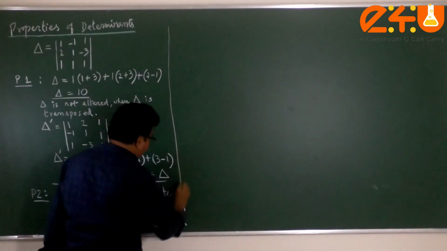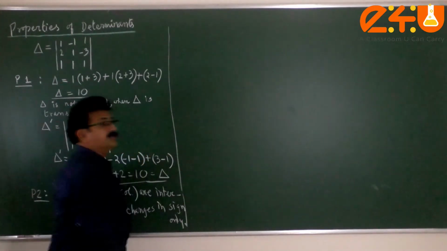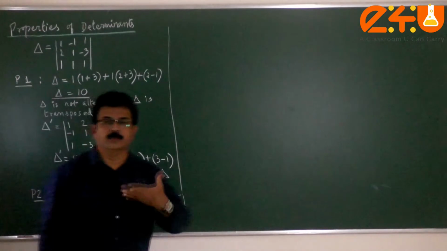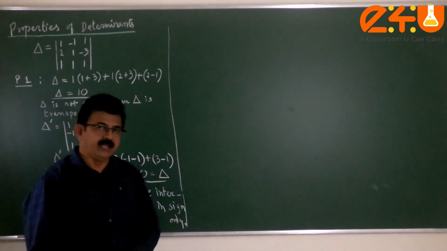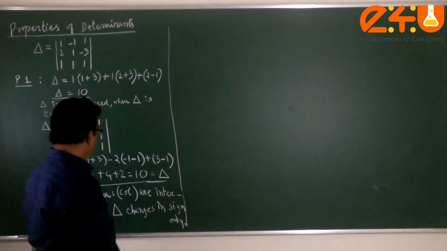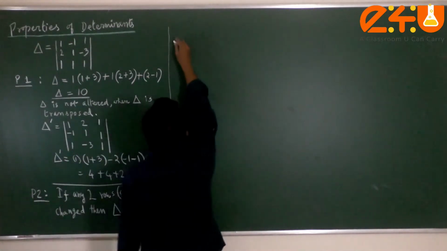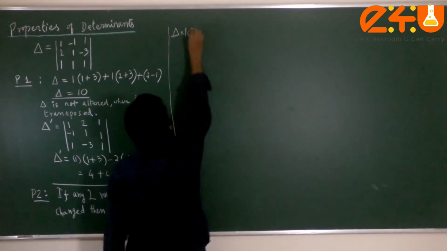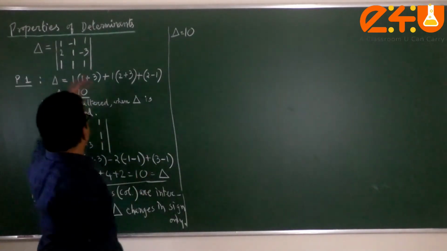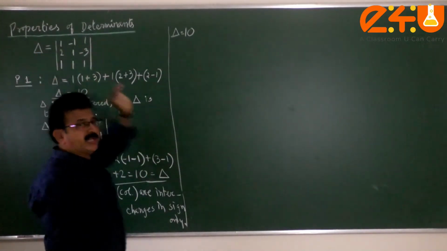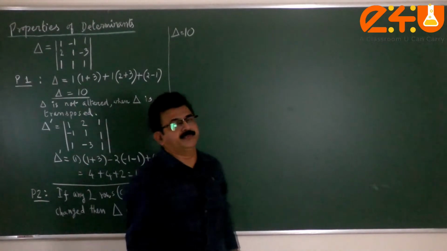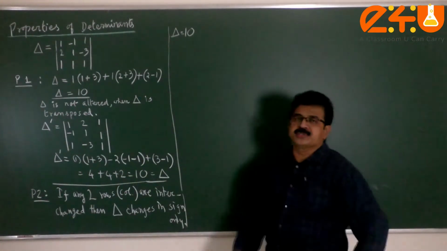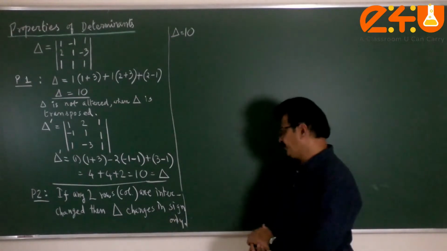So let us verify. In this session we will list the property, we will also verify the property as explained in NCERT. Well, delta we already know is 10, because again and again we are coming back to the same determinant. We are not considering any different determinant. Let us interchange any two rows.